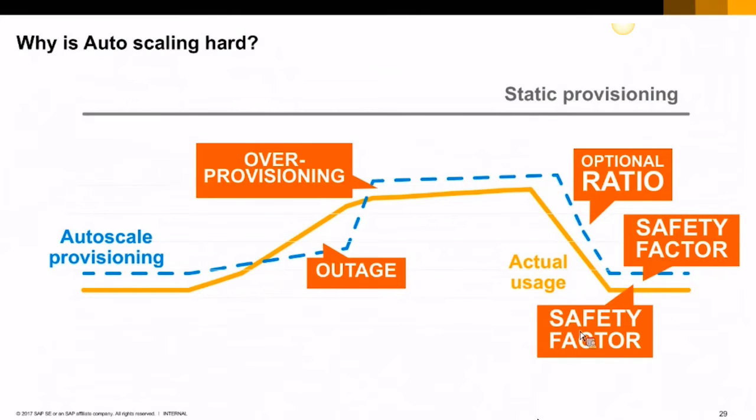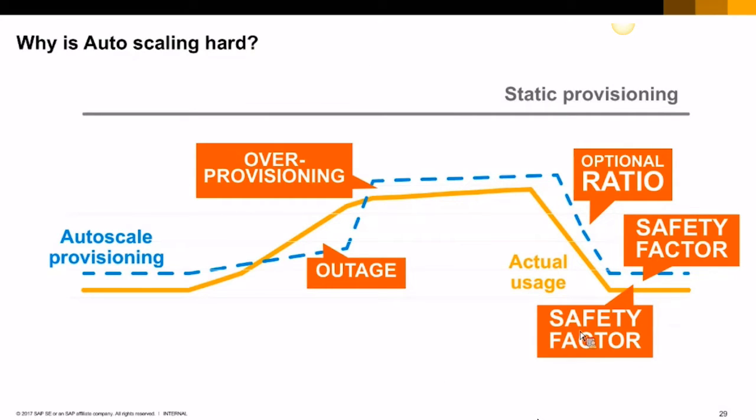But why is auto scaling very difficult? Because when we do the provisioning, sometimes the load comes faster than we are able to bring up the instance. And when the traffic goes down, there is still latency in bringing the system capacity down.